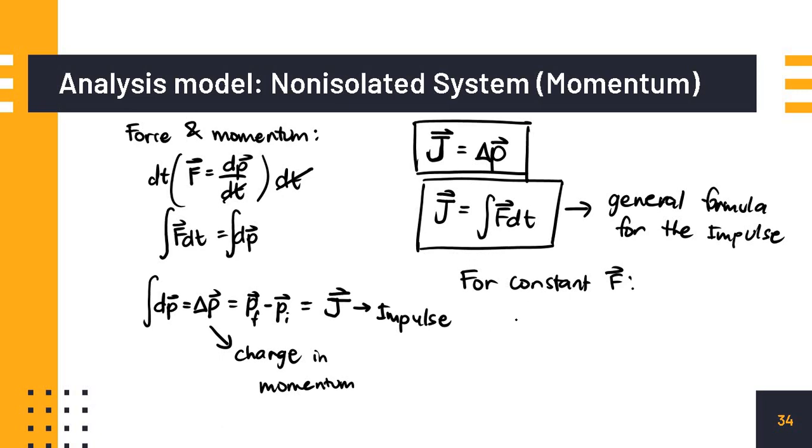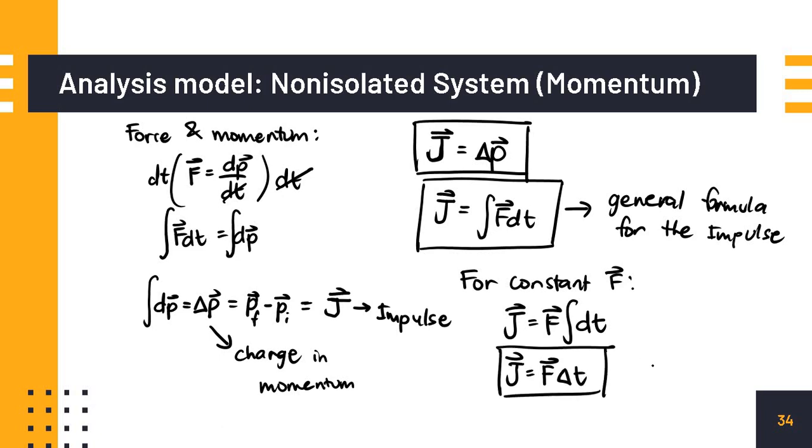So J is equal to F times the integral of dt. And just as we integrate dp to obtain delta p, the integral of dt gives delta t. So impulse is equal to F delta t. And this equation only applies when the force within our system is constant.